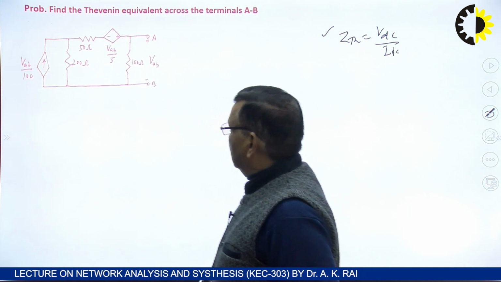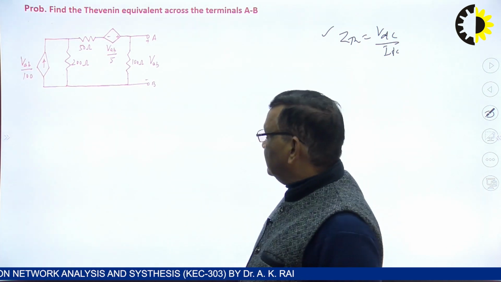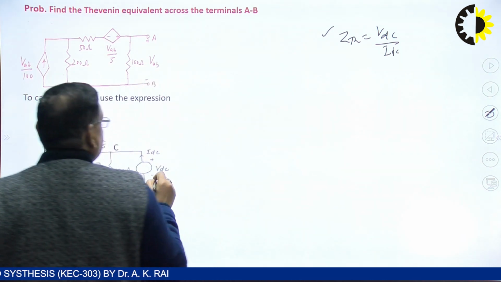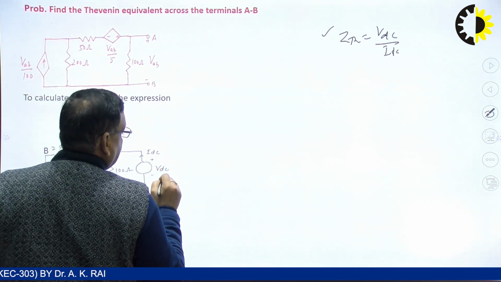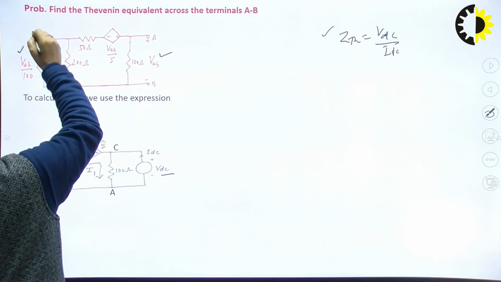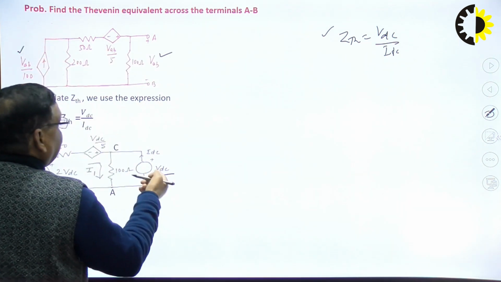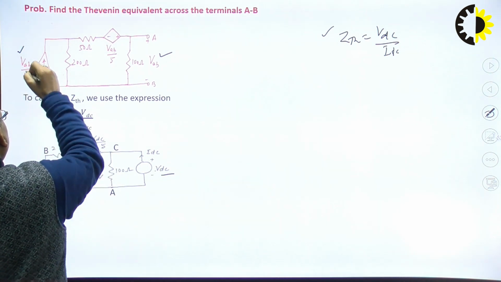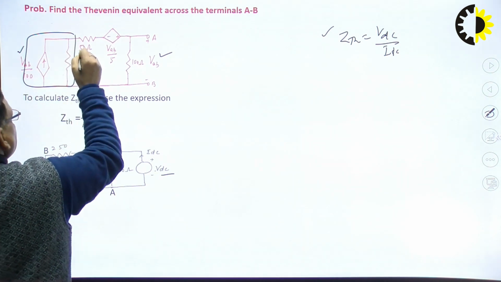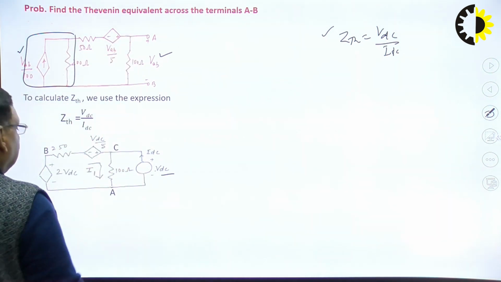So, this circuit can be replaced by this one. Here this is the pseudo voltage source VDC, and this is the VAB. So it will be VAB by 100. If this is VDC, then this will be VDC upon 100. So, take the source conversion of this one, and this is the simple circuit.